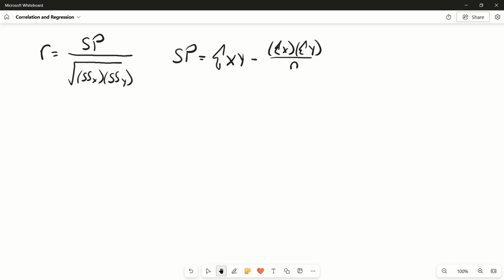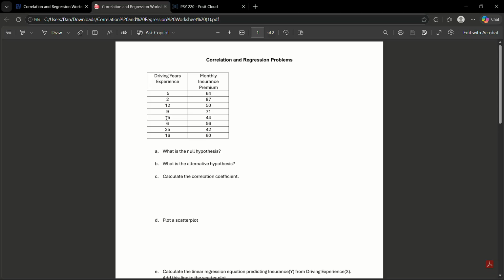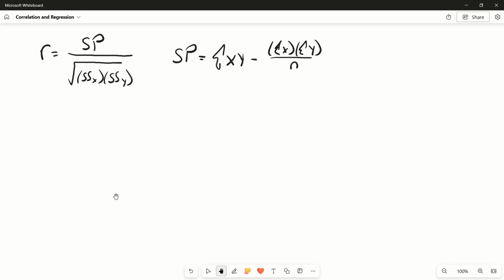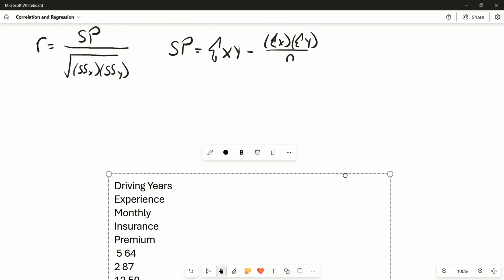So if you look at the first problem under the worksheets that we're going to do, we have driving experience and we have monthly insurance premium. I don't know if it's going to let me post here, but we're going to try. And it kind of does, although that's kind of sloppy.